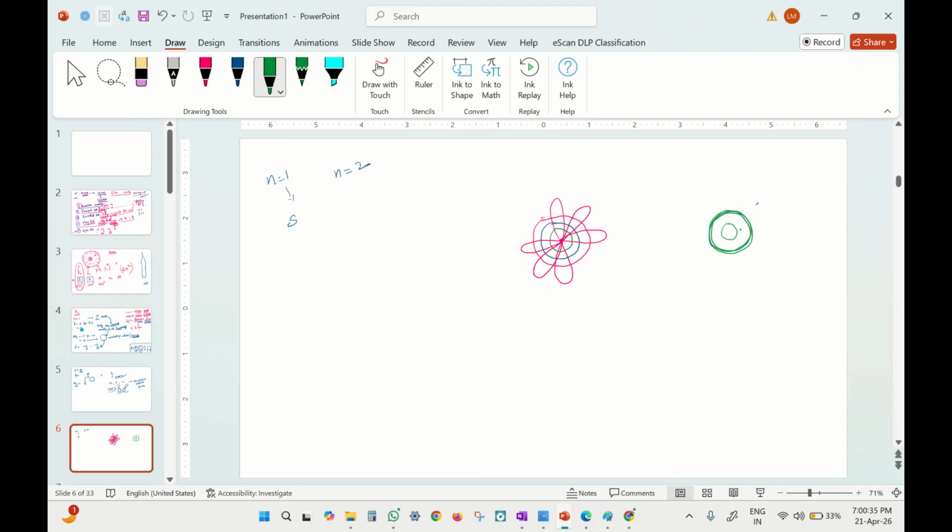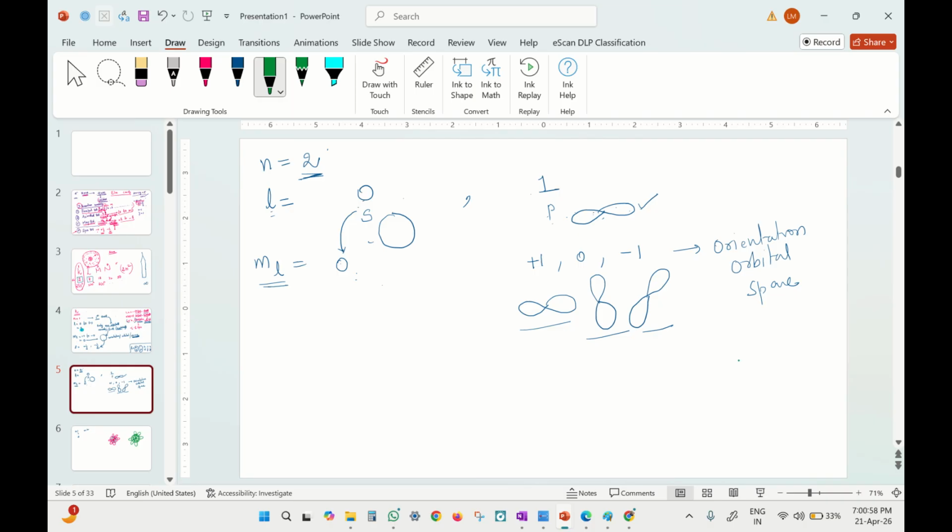When we go to the second shell, there is a spherically looking electron cloud, and the electrons are found in the dumbbell looking regions also. So they are all interwoven. What we are doing is splitting them and studying them individually.